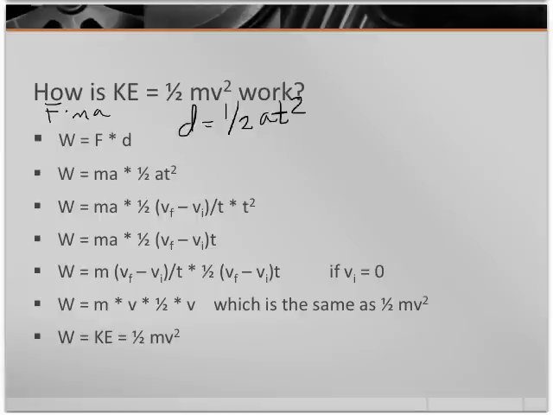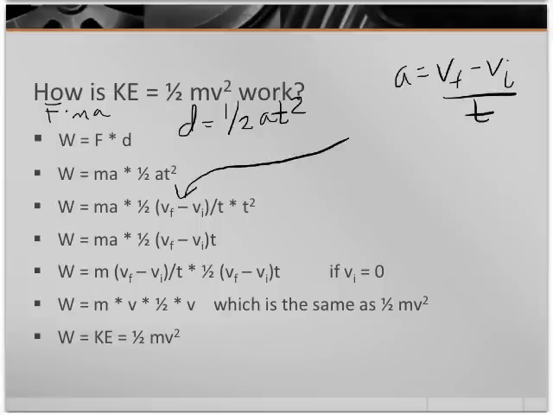And then another way of writing acceleration is vf minus vi over t. So we're replacing that a here with that. And then when you have t in the denominator times t squared, this t gets canceled and the square gets canceled. So now we have ma times 1/2 times vf minus vi times t.